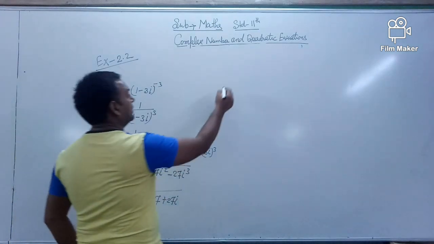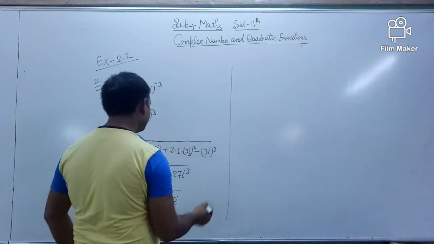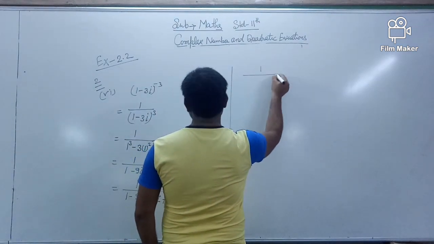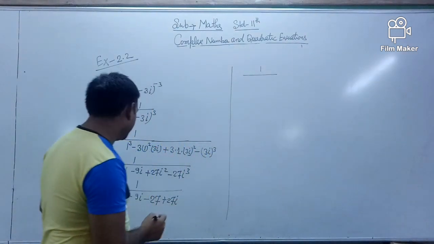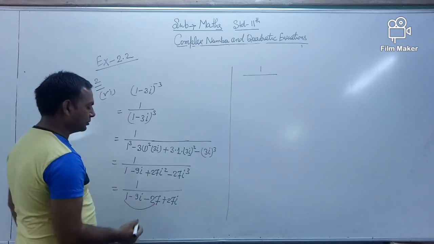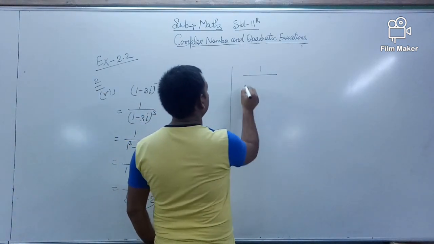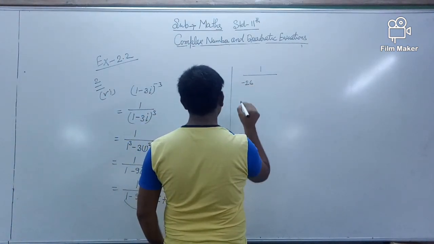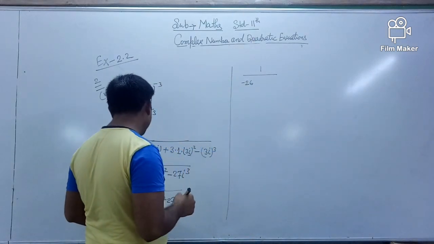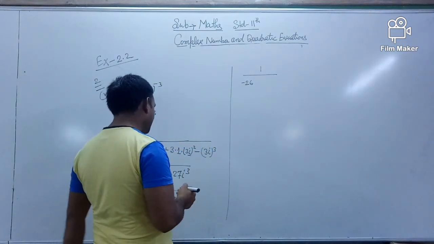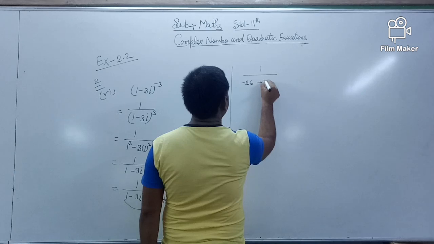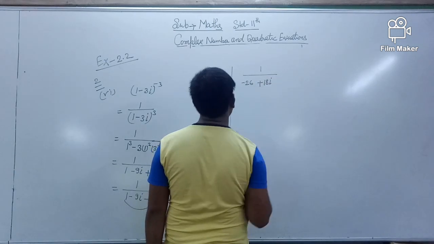Right? Then you see, you add the real parts with the real parts. So it is minus 27 plus 1, minus 26, and minus 9i plus 27i, then you take that is 18i. Okay.